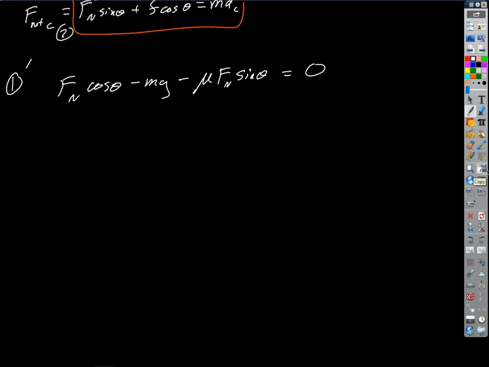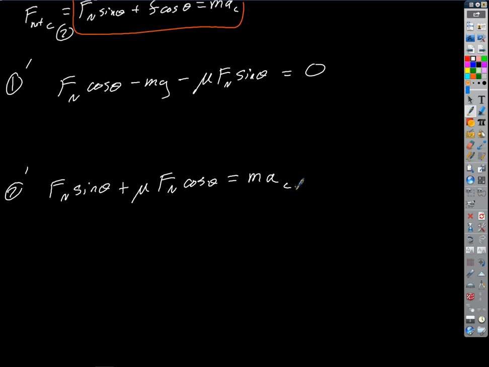And the bottom equation, 2 prime, is going to be normal force sine theta plus mu times normal force cosine theta equals m a sub c.